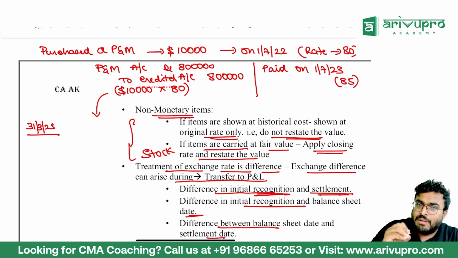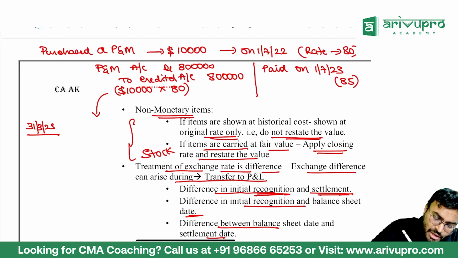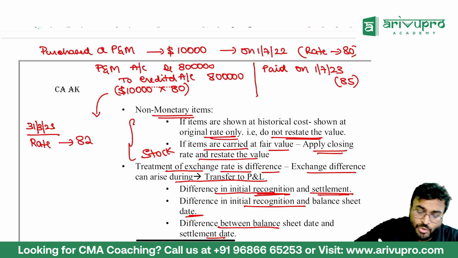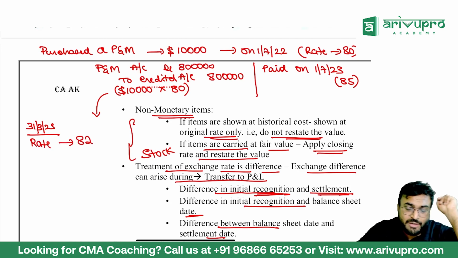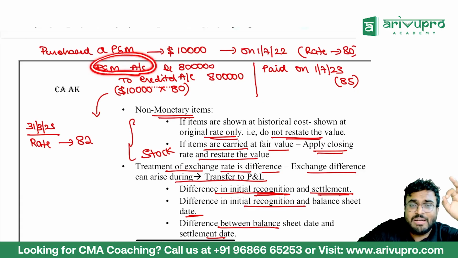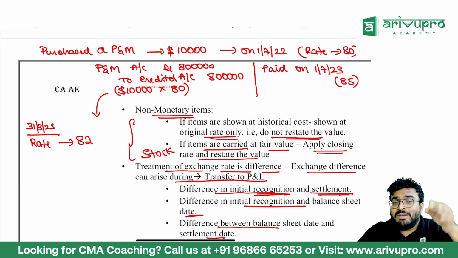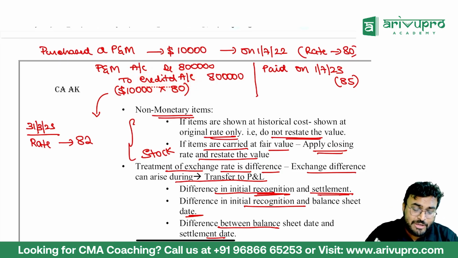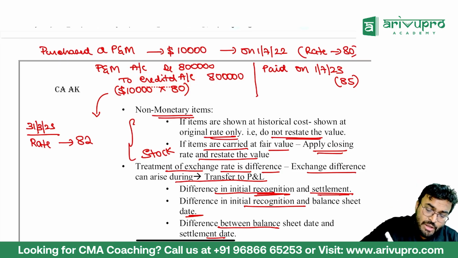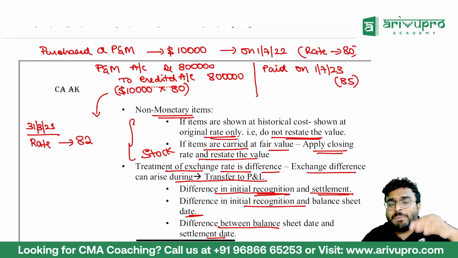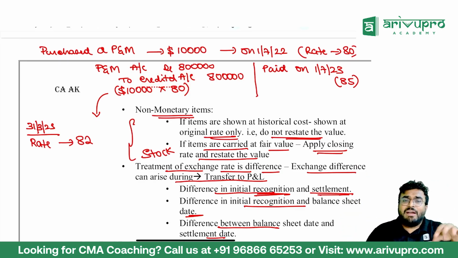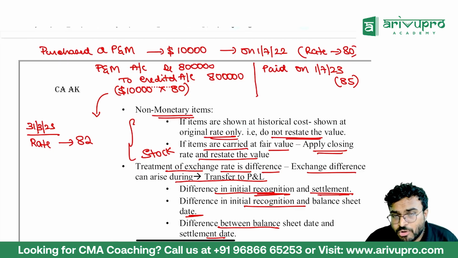Understand this. On 31st of March 2023, you will see what the rate is. Let's say 82. Now you have two items here. Plant and machinery is a non-monetary item which will always be shown at cost. Ignore it. Creditor is a monetary item, so its value has to change. If the rate has gone up, we have to pay more to the creditor.